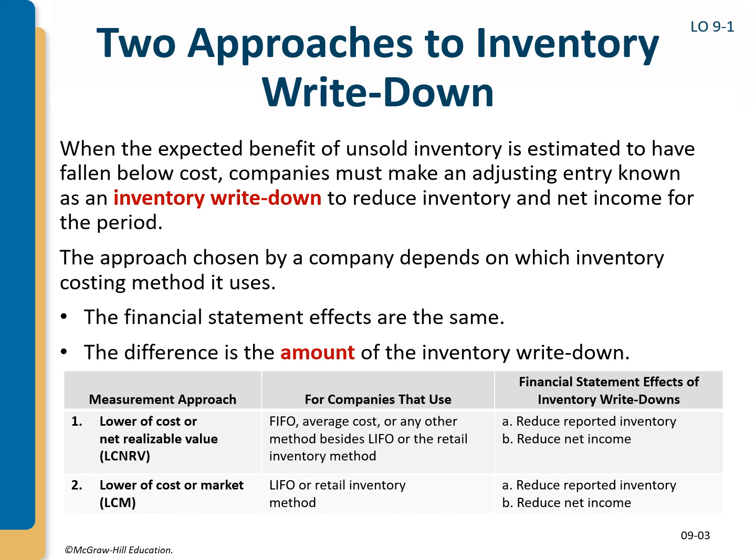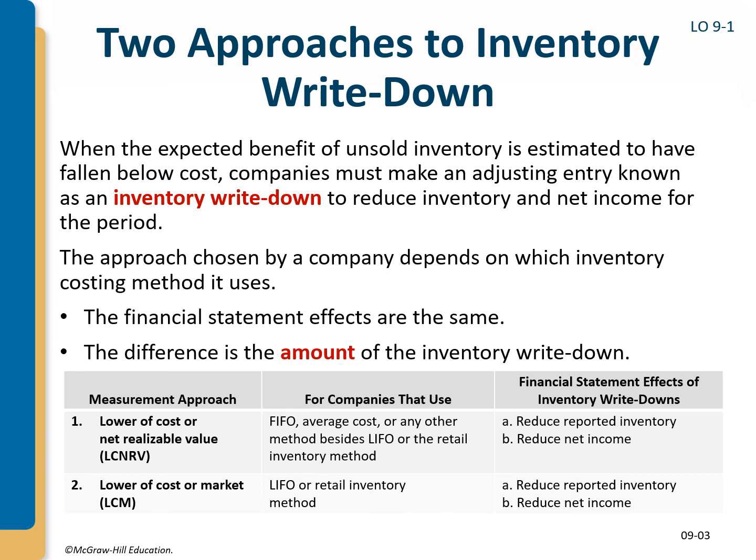The approach chosen by the company depends on whether they use FIFO, LIFO, or average cost to account for their inventory. The financial statement effects will be the same, and the difference is the amount of the inventory write-down.